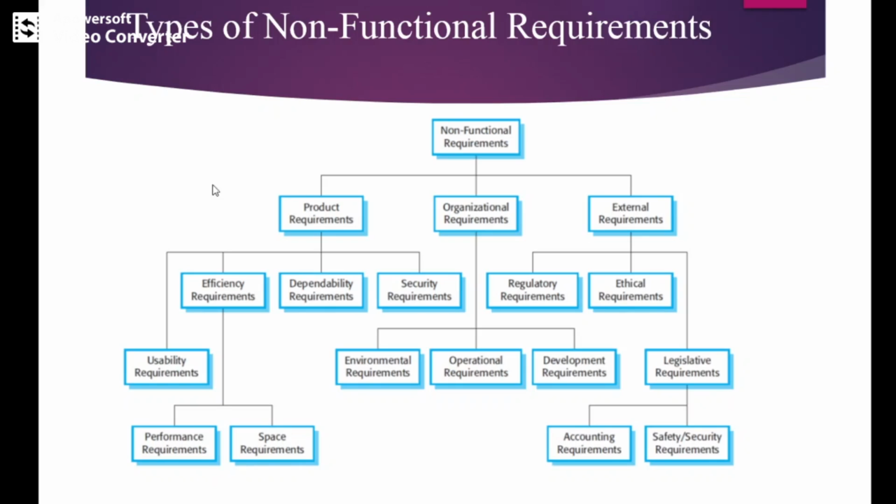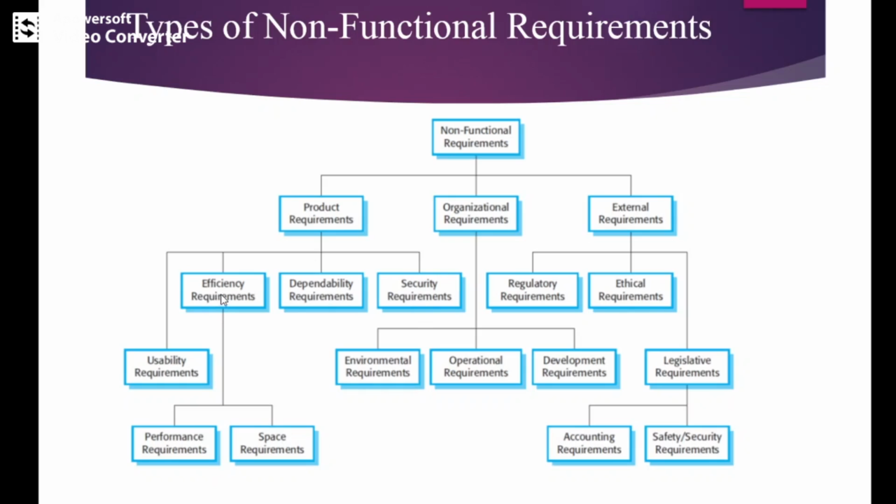Now we'll see the classification of non-functional requirements, the different types. Here we have a very big diagram. You can see we have non-functional requirements, and under that three categories: product requirements, organizational requirements, and external requirements. Under product requirements, you have efficiency requirements, usability requirements, dependability requirements, and security requirements.